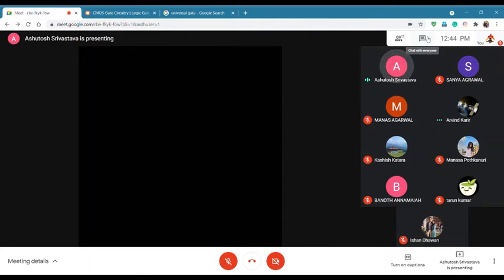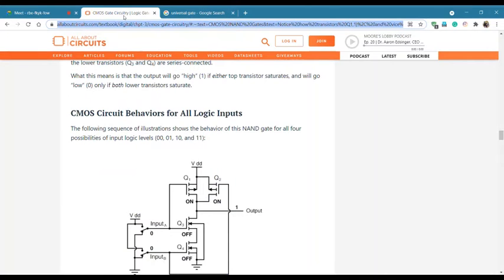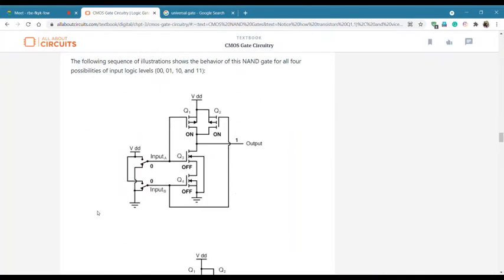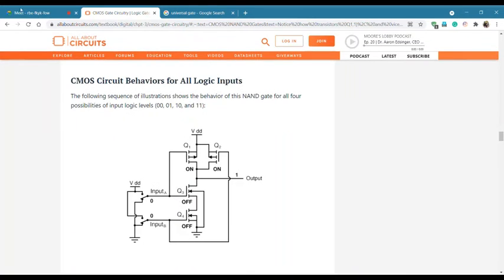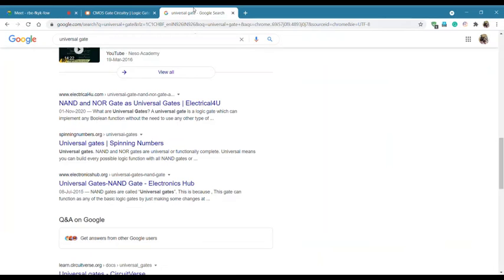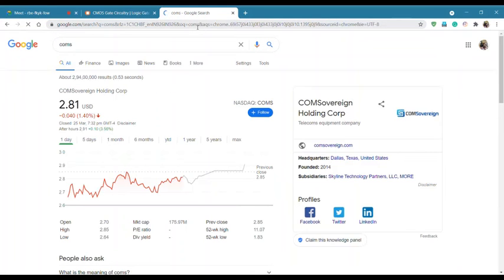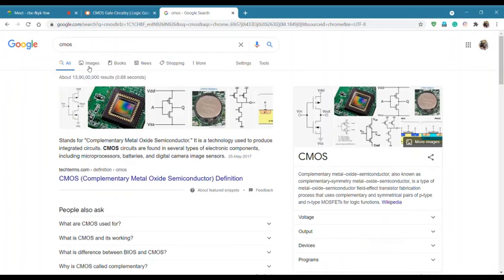What is CMOS? Sir, it's a combination of PMOS and NMOS. So, how do you relate CMOS with a NOT gate? Ishan?